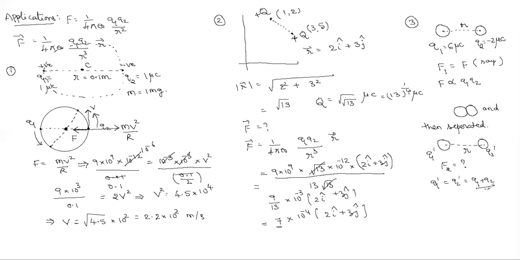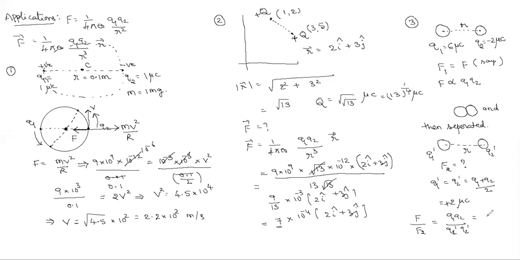That is 4 by 2, which is 2. So both get plus 2 microcoulomb. Here, F by F2 equals Q1 Q2 by Q1 dash Q2 dash, so F2 equals F by 3.